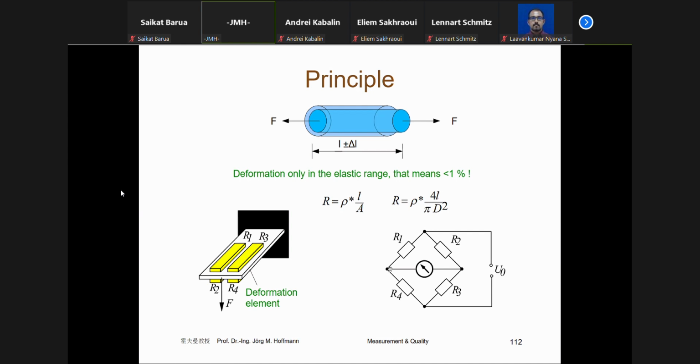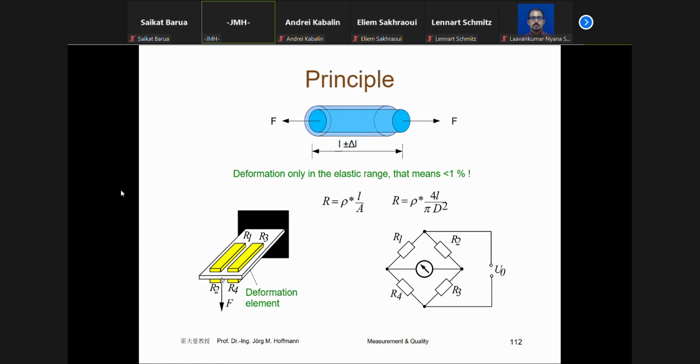But when you increase one and decrease the other, then you get a change of the voltage. And therefore, this R1 is on top of your body. That is a form body that you have. And R2 is under the form body.